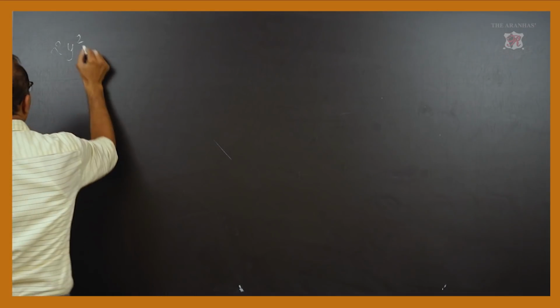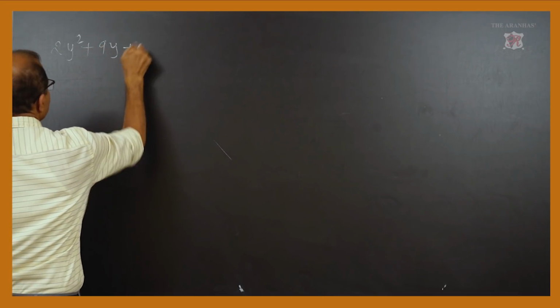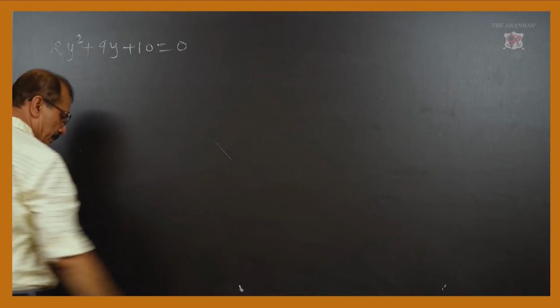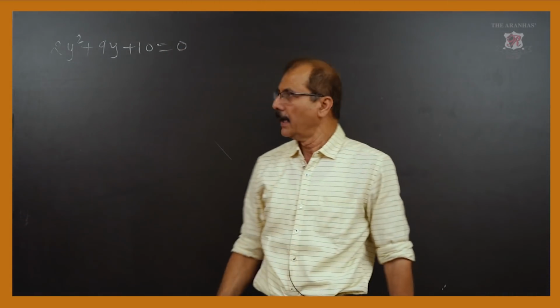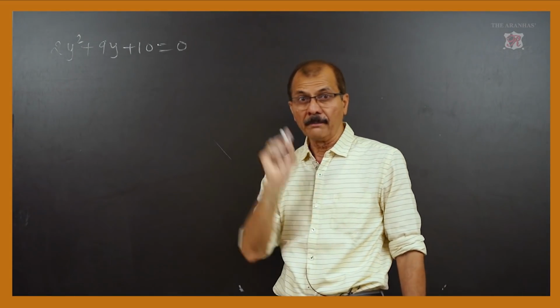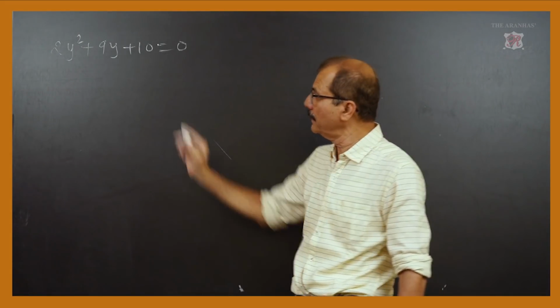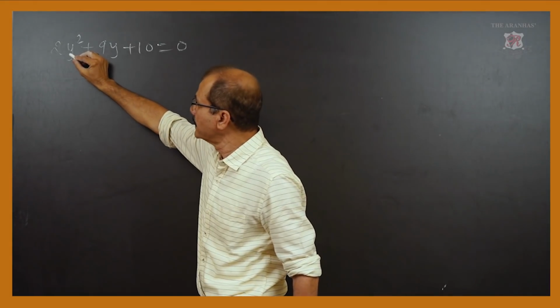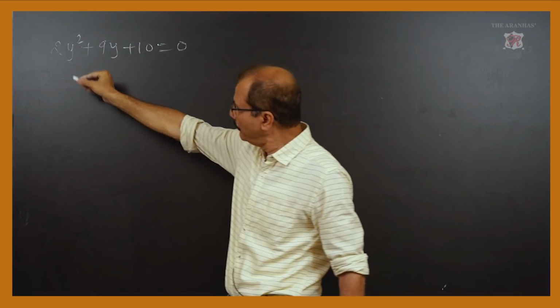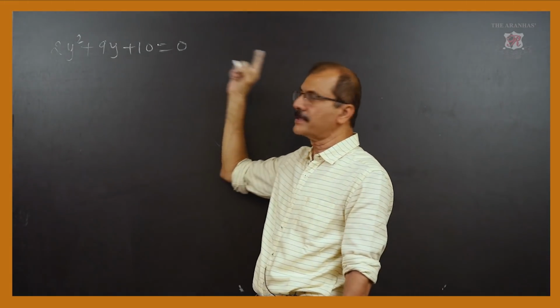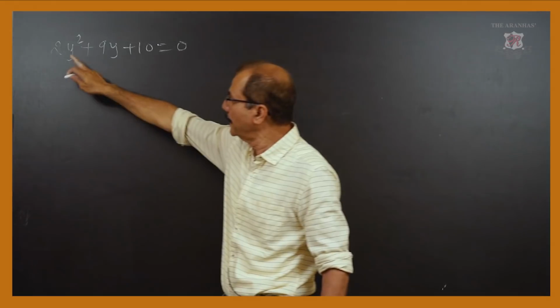2y square plus 9y plus 10 is equals to 0. As I told you, for completing the square you have to be very careful. The coefficient of square term should be 1. It is 2 here. So, first you divide this by 2 to get here 1.